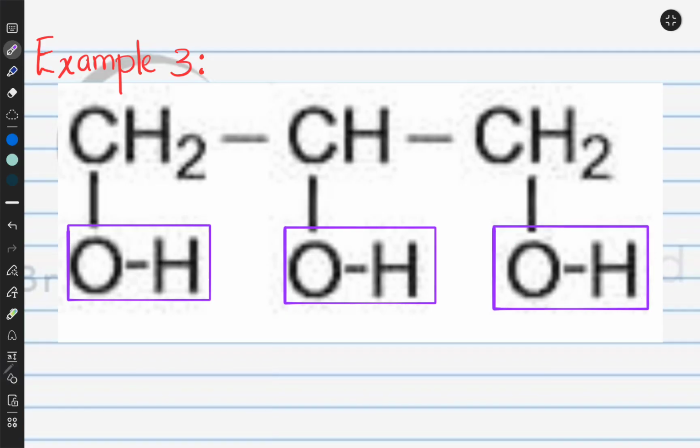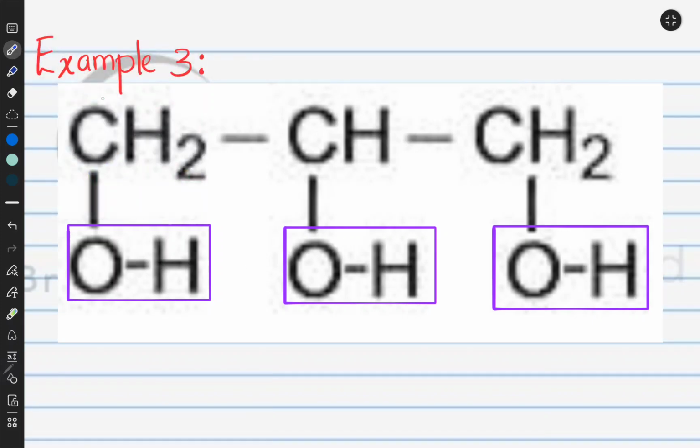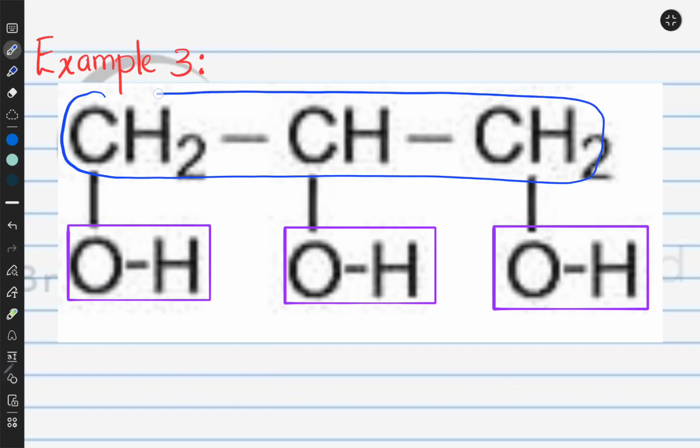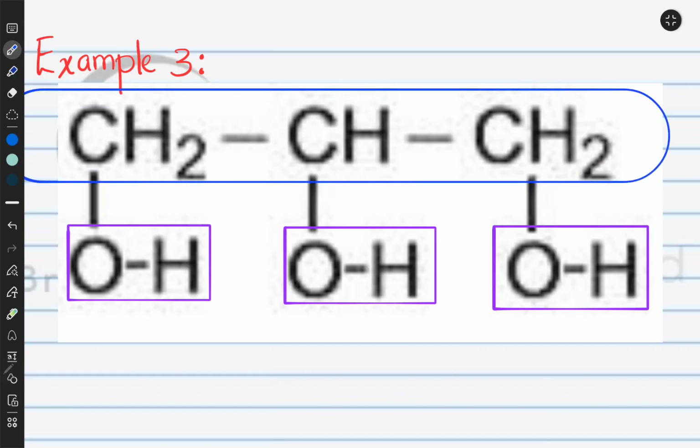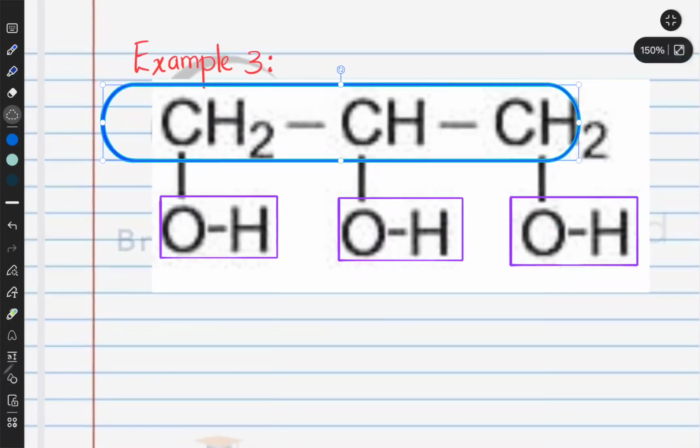Okay, so in this one as well, the main chain is clearly this one, or the parent chain. There's no need to look for it. It's this one, right? It's clear, it's in our faces, right?